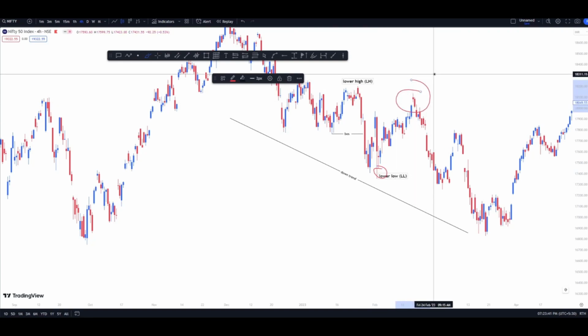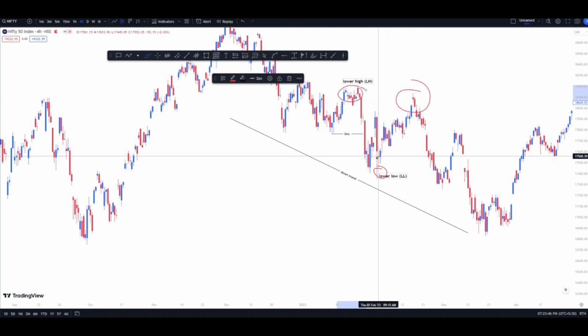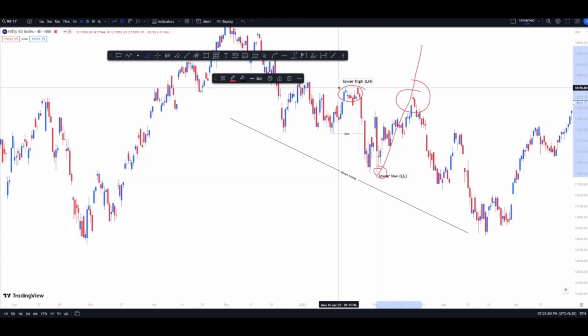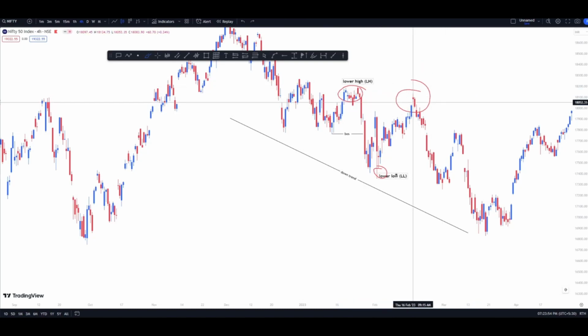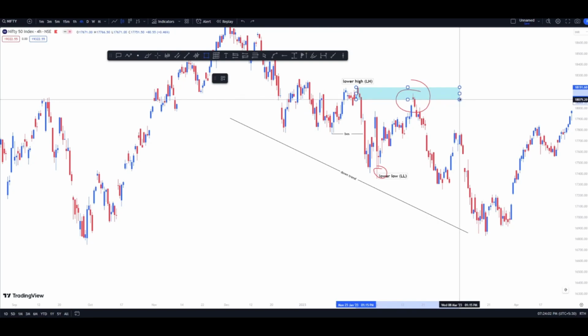I'm talking about making a fresh high, not this high. This high is below this high. The purpose of a low is to make a new high by breaking above this high. Understood? So this low didn't fulfill its purpose. It just closed below this, or you can say that it stayed below this supply zone.